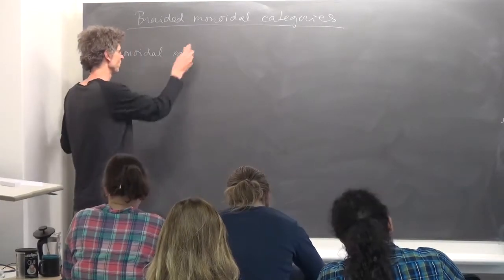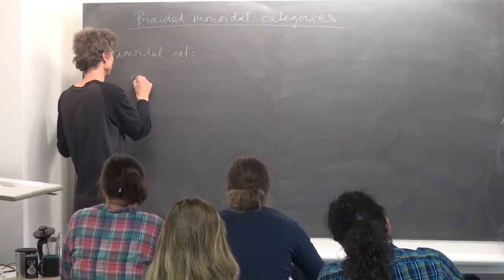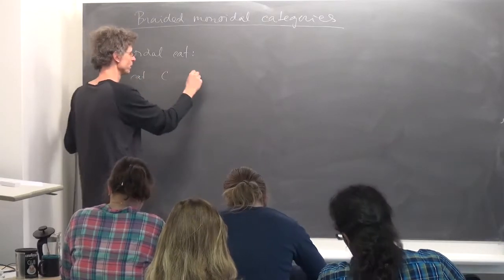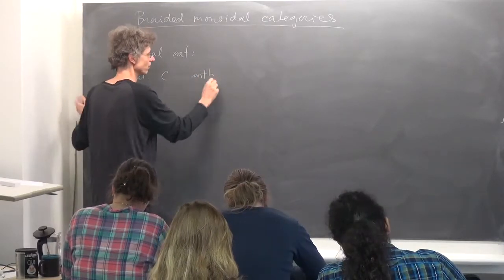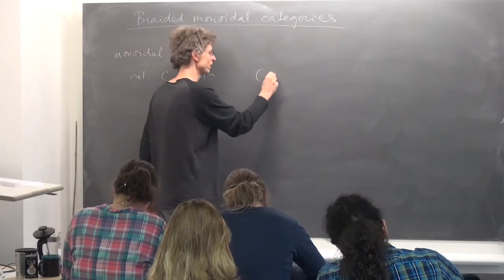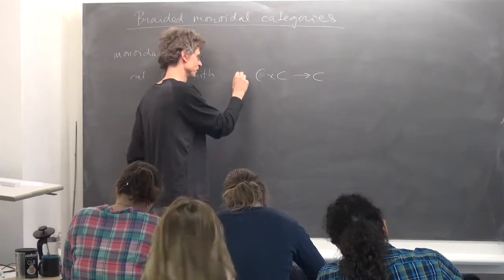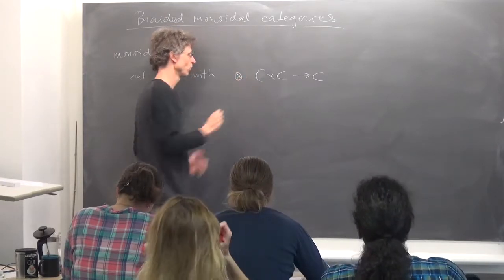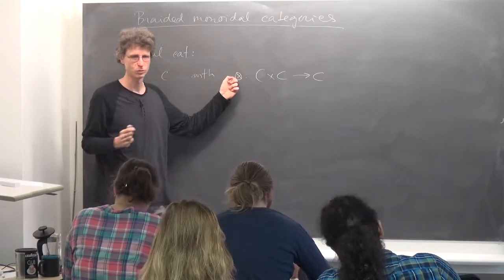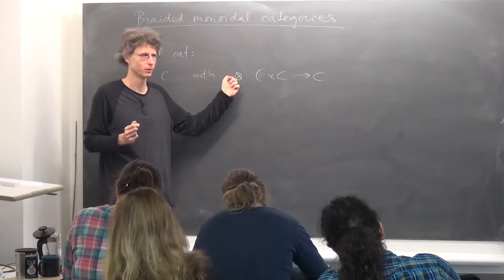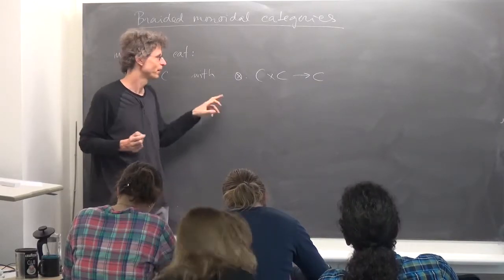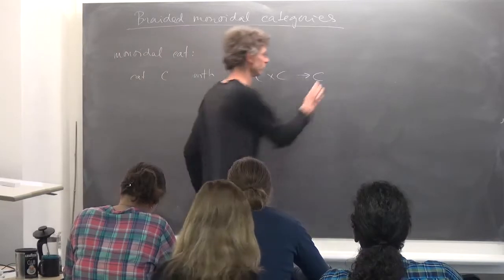So what we would like to have is a category C together with a multiplication, a product, which is supposed to be a functor. It's quite often denoted by tensor product, even though in reality it might not be a tensor product.